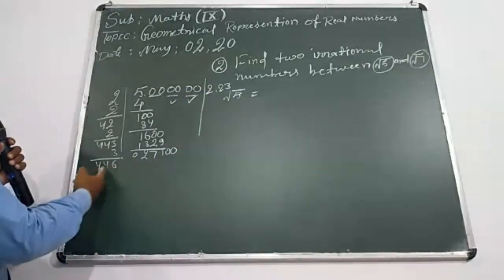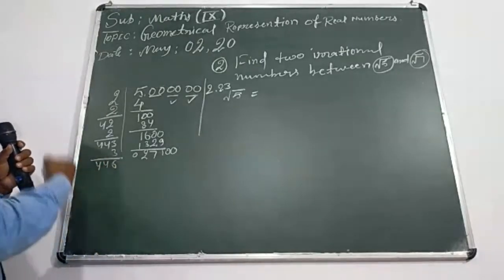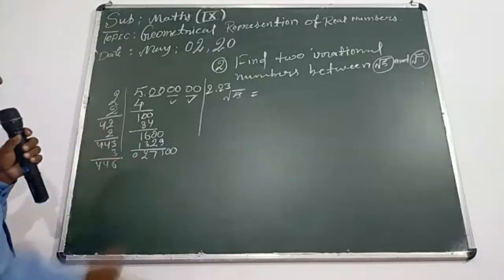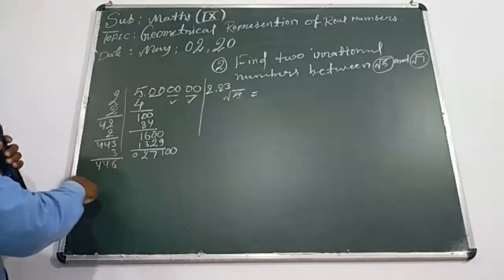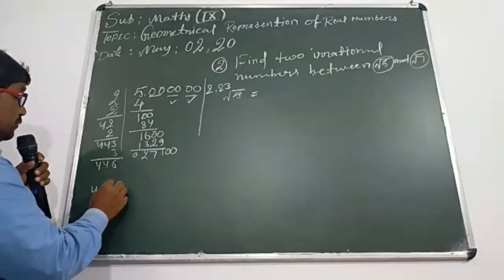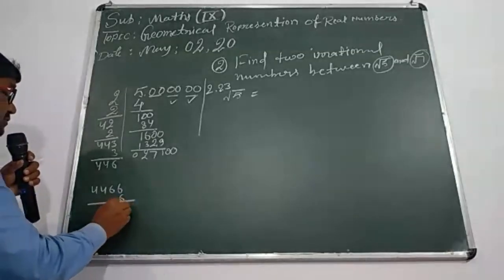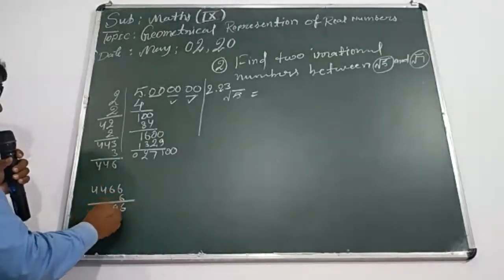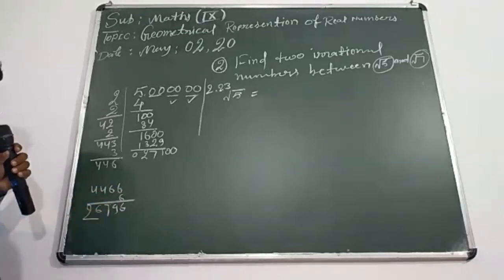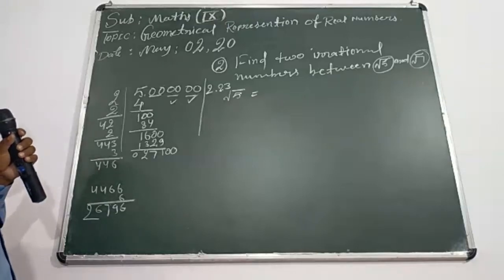After putting one digit, 4000 something. 4 4s are 16, 4 5s are 20, 4 6s are 24. We can guess about 6, 4 4 6 6. 26,796 we can guess.